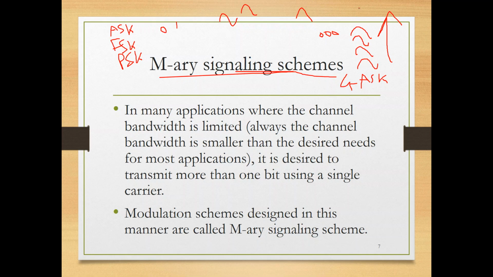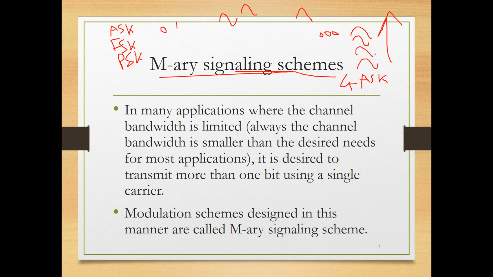But it also means that the receiver will have some difficulty distinguishing between these levels because they become very close to each other. When there is noise, the receiver might not be able to differentiate between the different levels, and so it cannot decode correctly to the data bits. Good? So you have a trade-off.